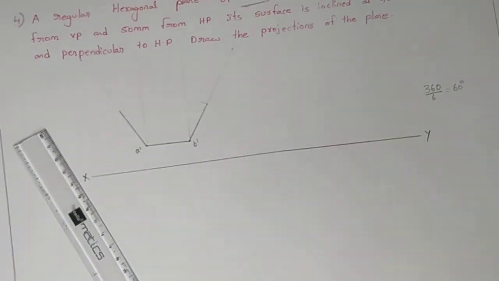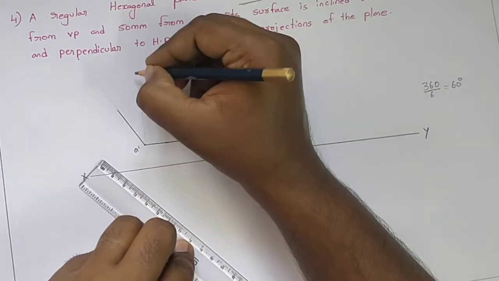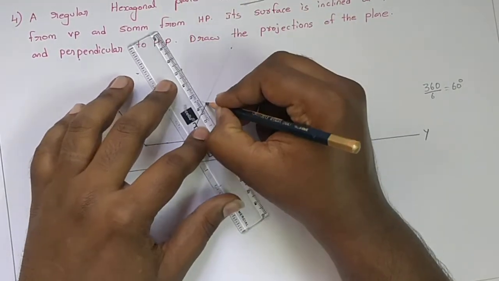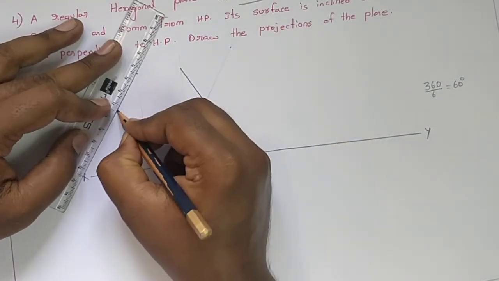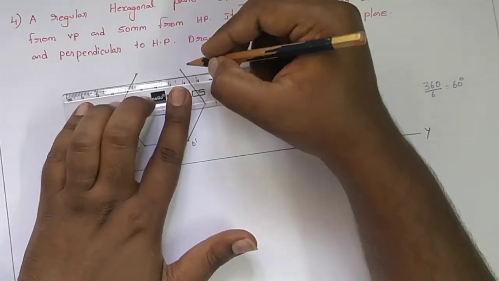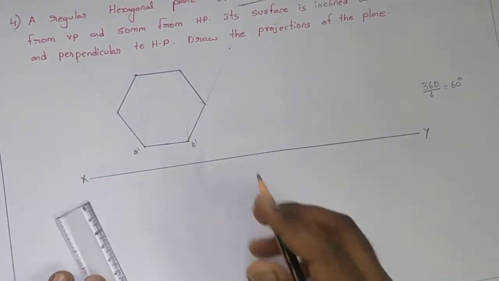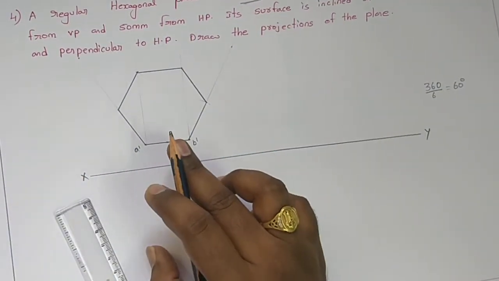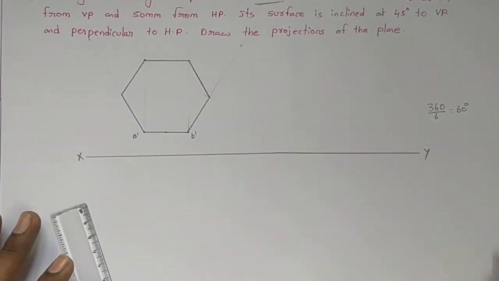We get two points. Join this point and this point, and this one and this one. Now we have the front view of a hexagon with 30 mm side.